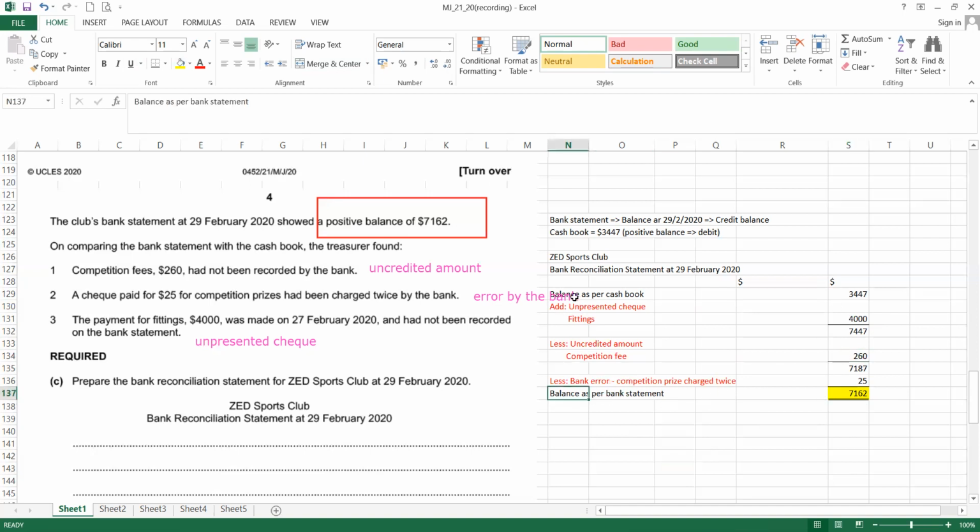But come to the final part, the bank reconciliation statement, balance as per bank statement. If the question gives the number itself, saying bank statement positive balance 7162, and let's say for example I make a mistake in here. Instead of minus, I thought it should be plus, so I accidentally plus it.